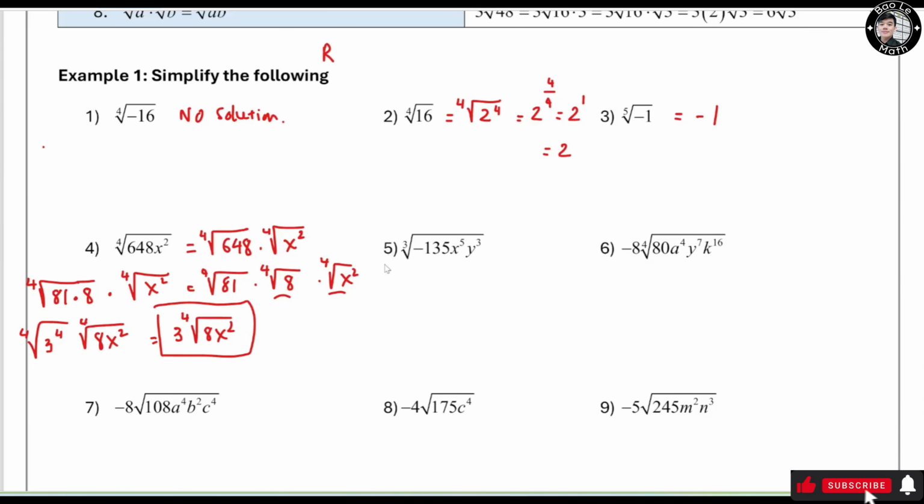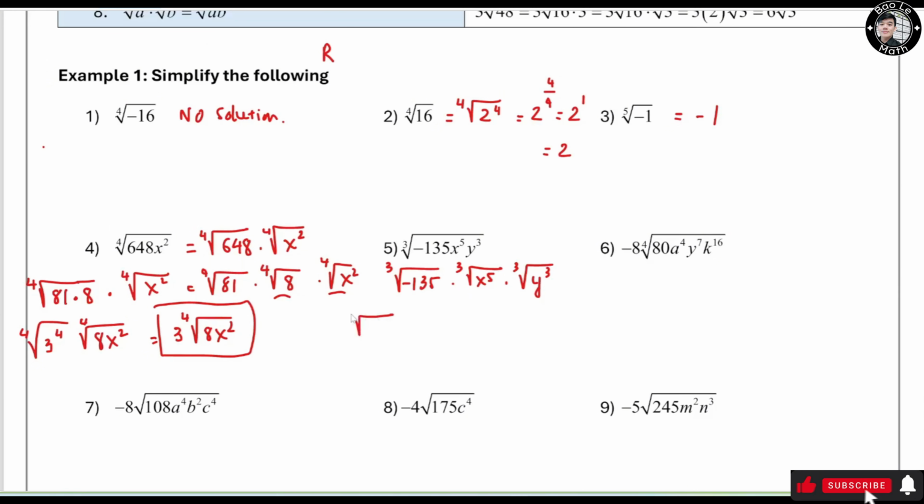Now number 5 is going to be cube root of negative 135 times cube root of s to the 5th times cube root of y cubed, right? Now 135 can be written as 27 times 5, right?